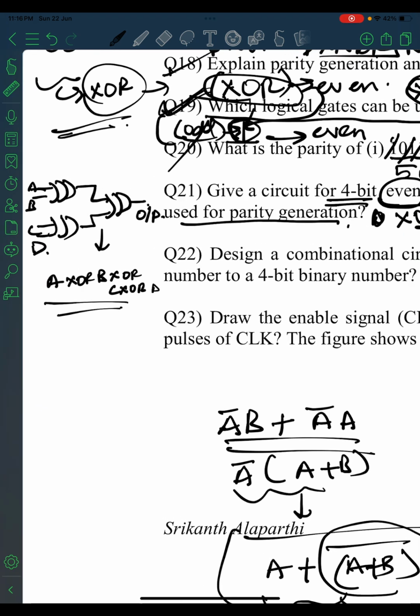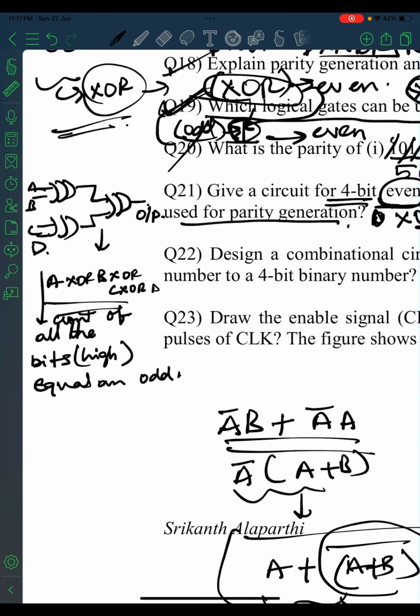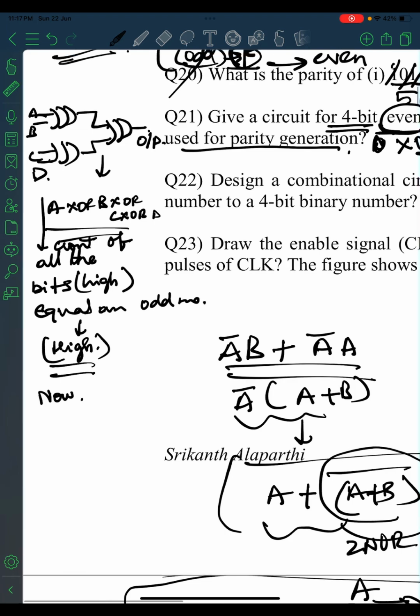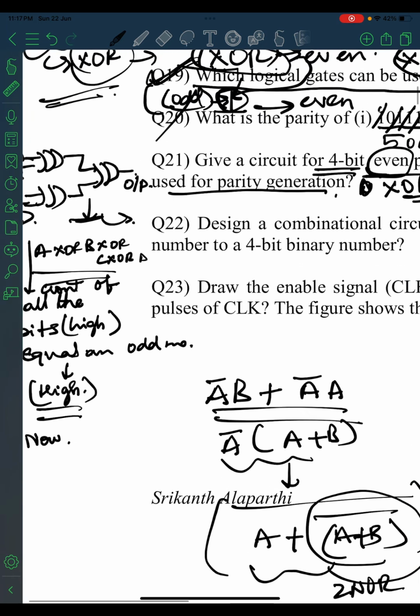Now it basically counts, for even parity, if the count of ones is odd, then the output is high. Now by adding this one to the given bit stream, the total count becomes odd plus a high becomes an even number.